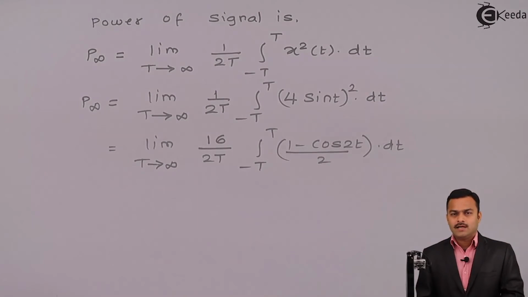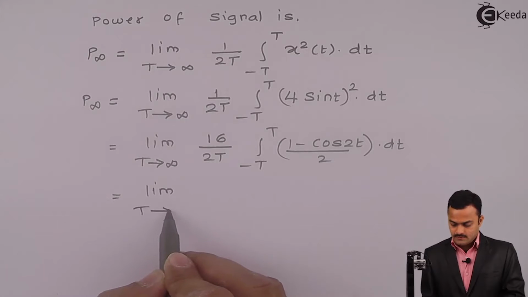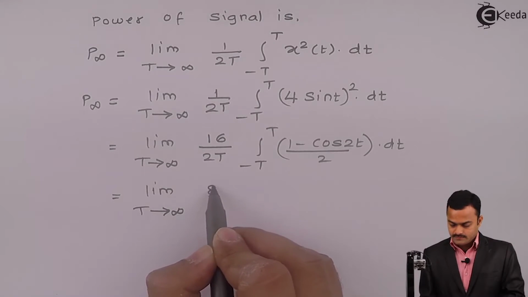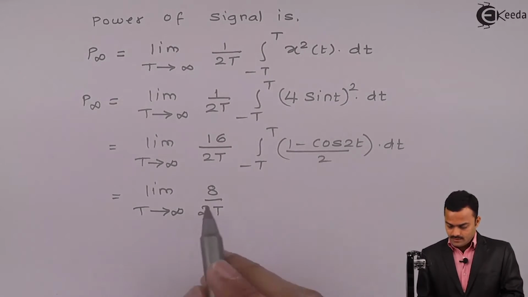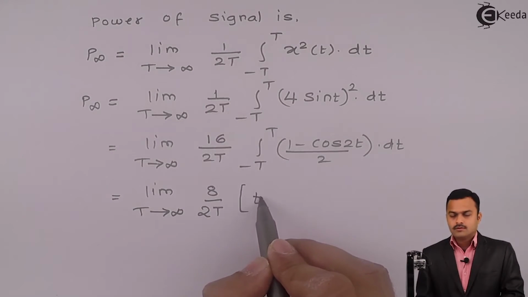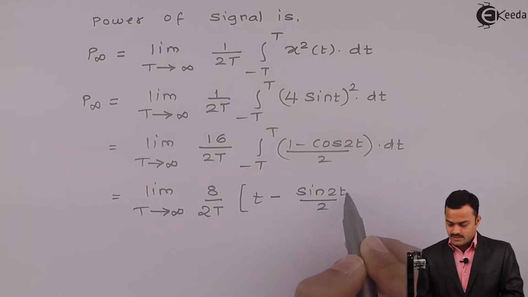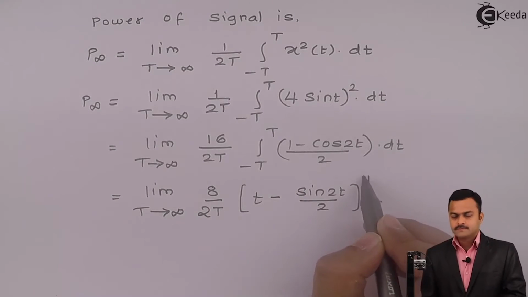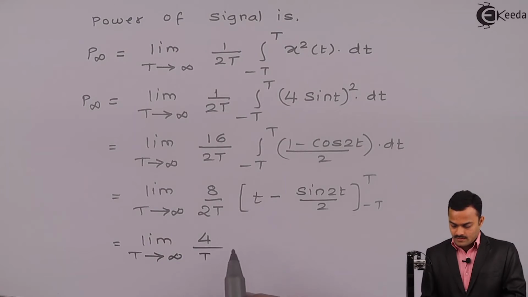This is just similar to the way we did it for the energy. So over here 2 is getting cancelled, which will give you 8 upon T, and another 2 is also coming out. So basically it is 8 upon 2T, and the integral of 1 will be t, cos 2t is sin 2t by 2, and the limits are minus T to T. One more time, 2 is getting cancelled, giving 4 upon T, and let's apply the limit.